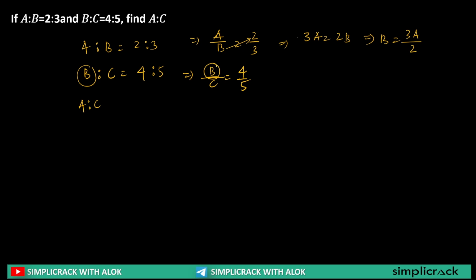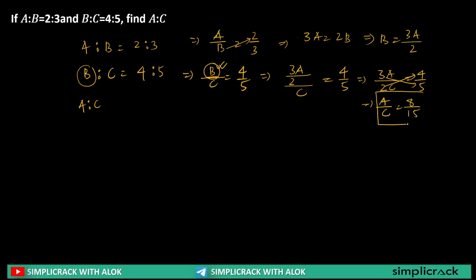And if I put the value of b over here, it will be 3a by 2 divided by c is equal to 4 by 5. Or it can be written as 3a by 2c is equal to 4 by 5. Now 3 will come here, 2 will come that side. So it can be a by c is equal to 2 4s are 8, 3 5s are 15. I can write a is to c ratio is 8 is to 15, right?